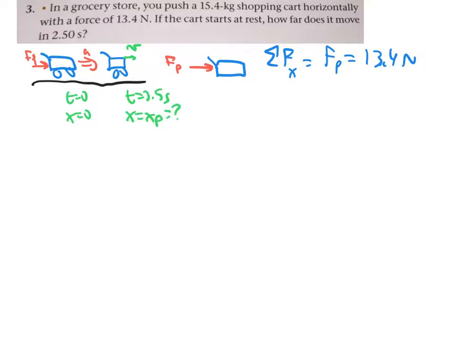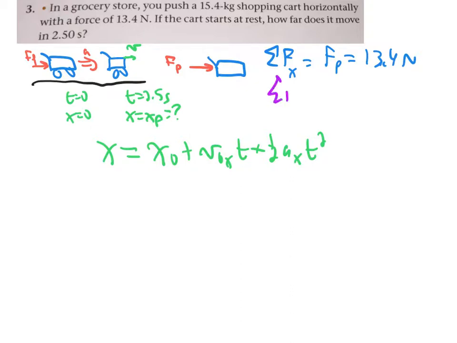and we'd like to know where do we end up. So we use our kinematic equation, x equals x0 plus v0x t plus 1/2 ax t squared from chapter 2, and we connect it by saying, oh, by second law, not only is the sum of the forces just Fp, but the sum of forces is always ma.